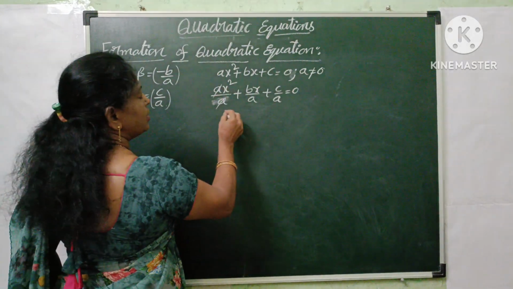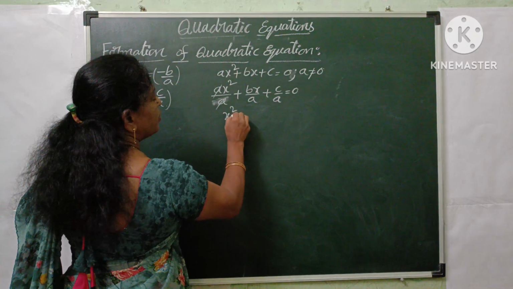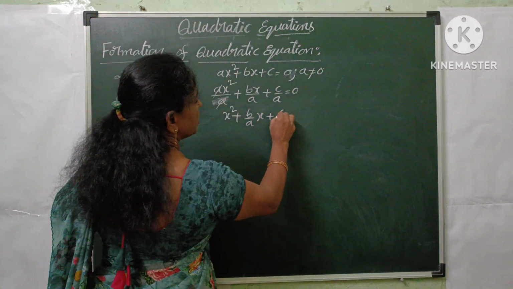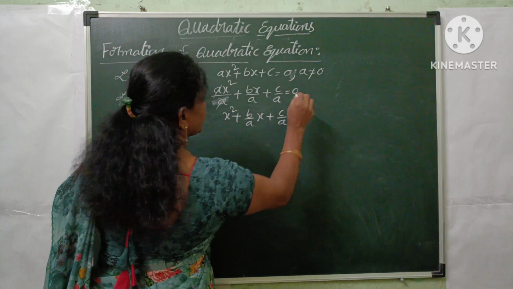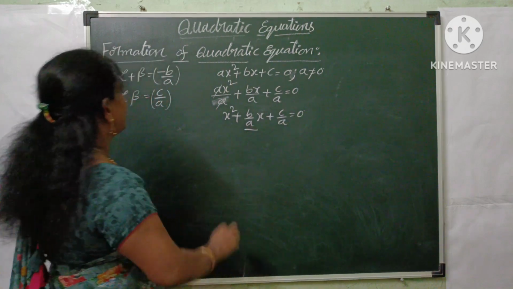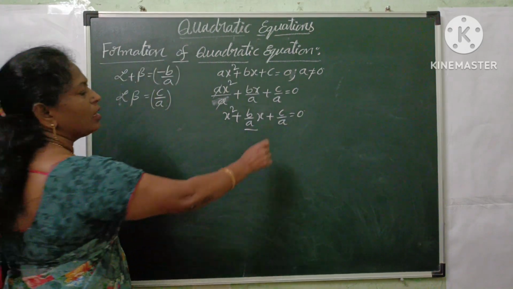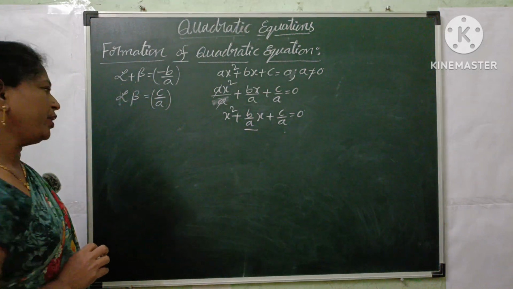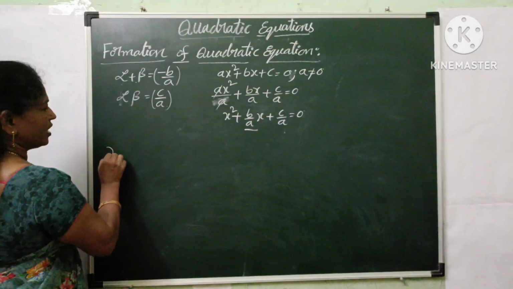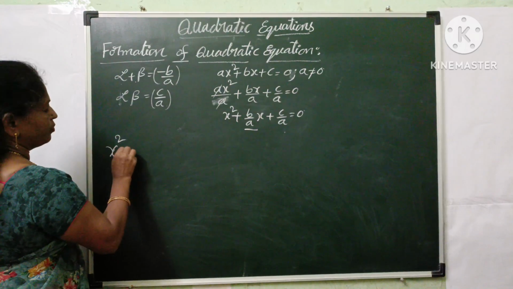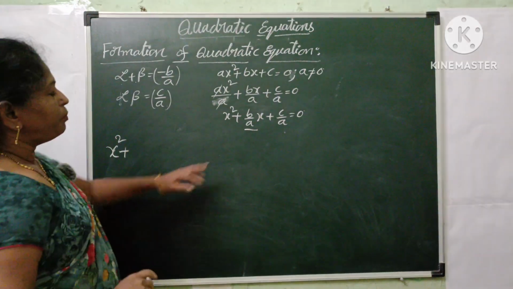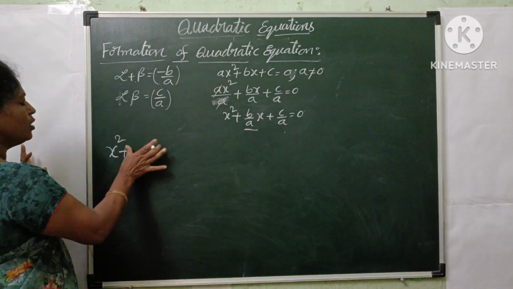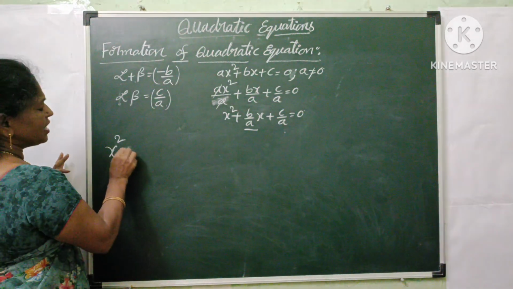So a cancels, then x square plus b by a x plus c by a. Now we have to replace b by a with alpha plus beta, and c by a with the product of the roots alpha beta.